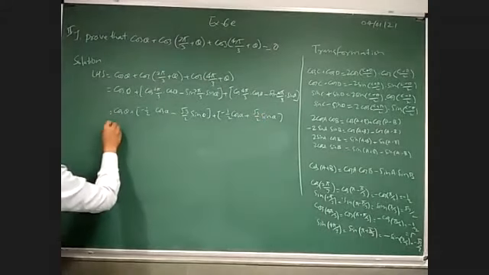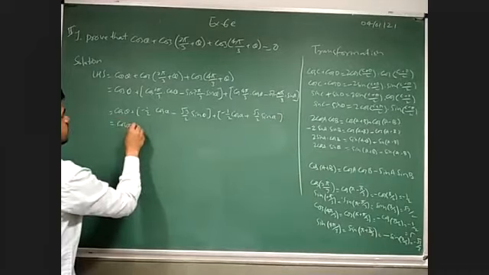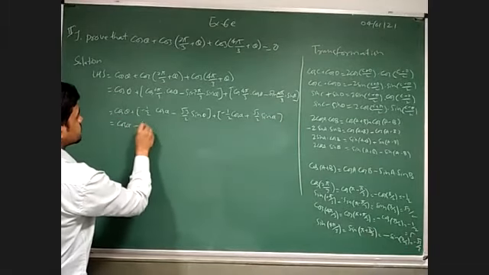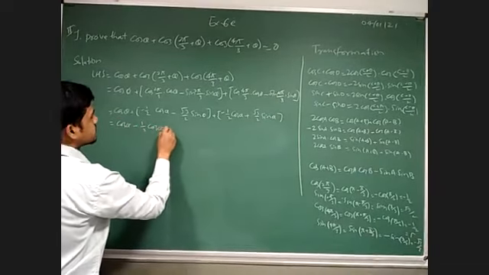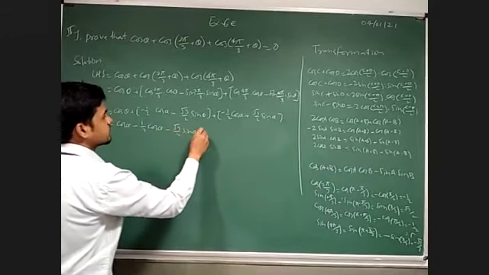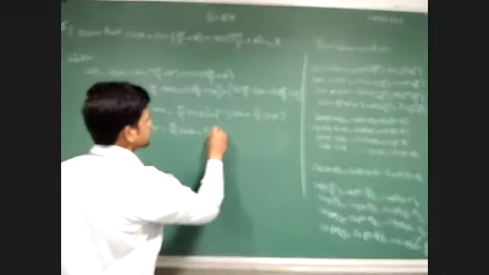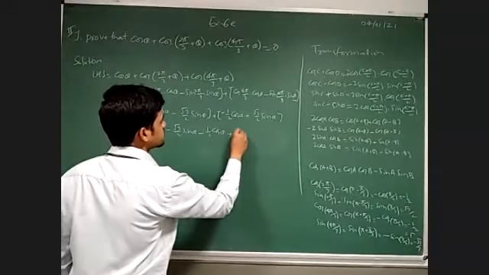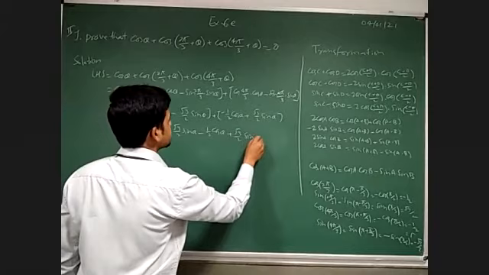Now let's open the bracket: cos theta minus 1 by 2 cos theta minus root 3 by 2 sin theta minus 1 by 2 cos theta plus root 3 by 2 sin theta.